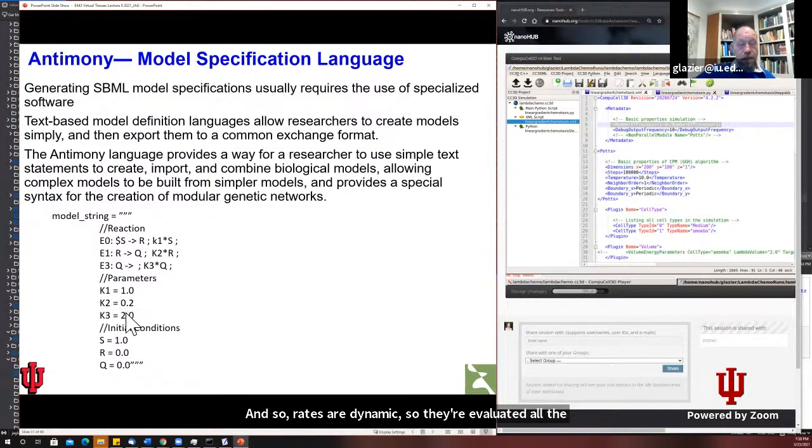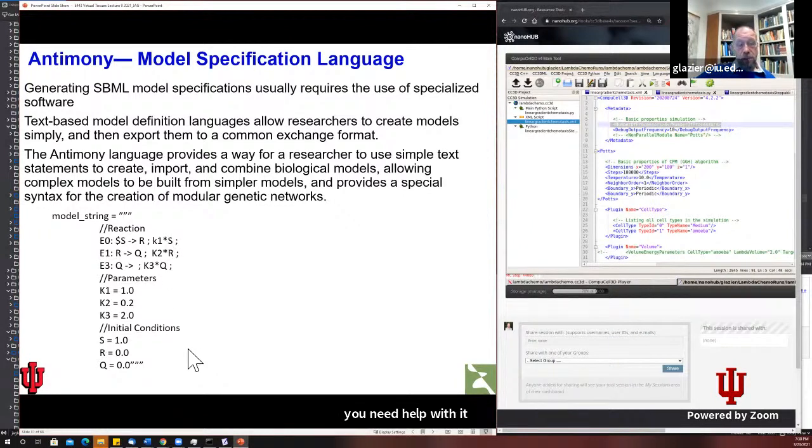But equal signs are not. Their declarations are only evaluated once. And so there's a special kind of equal sign called colon equals that tells you that it's really a rate, and so that it has to be updated repeatedly. We're not going to run into that today, but it's something to be aware of. We can come back to it if you need help with it.